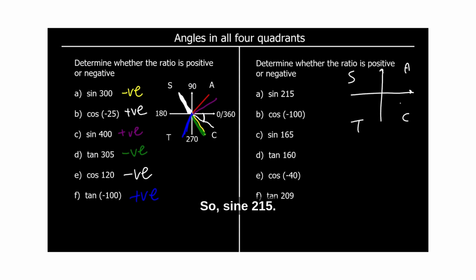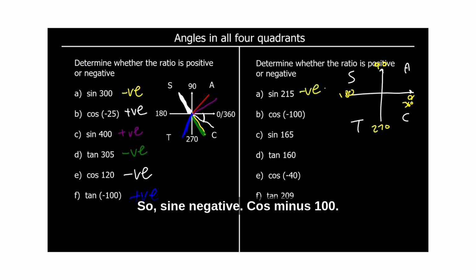So sine 215, 0, 90, 180, 270, 360. 215, that's tan positive, so sine is negative. Cos minus 100, so cos minus 90, minus 100. Tan is positive, cos is negative.